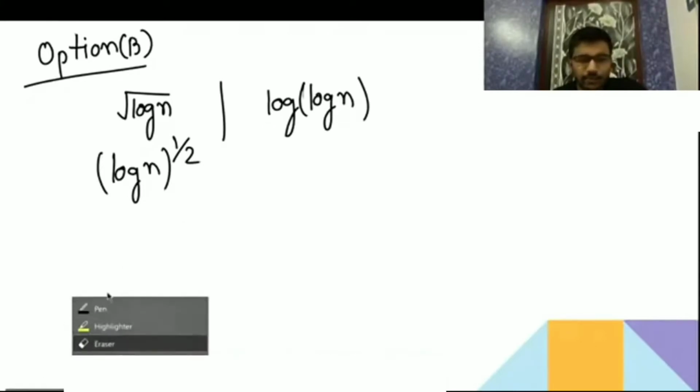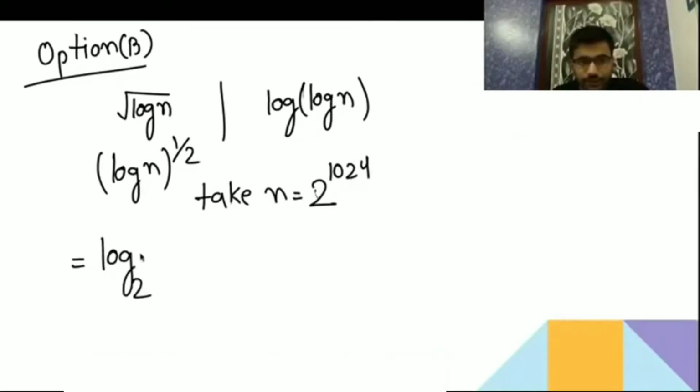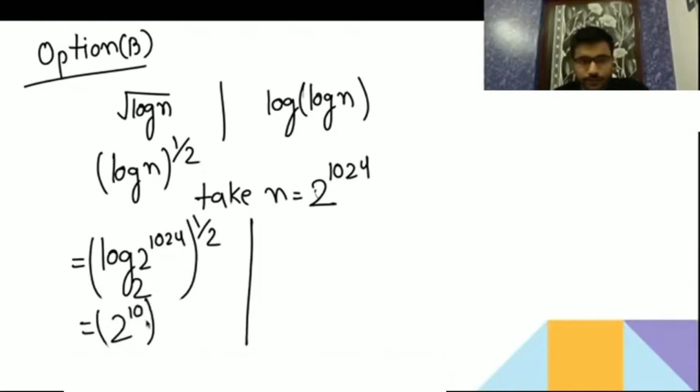Take n equal to 2 to the power 1024. So here base 2 is there. 2 to the power 1024, to the power 1 by 2. 1024 is 2 to the power 10, multiplied by 1 by 2, so you are going to get 2 to the power 5.